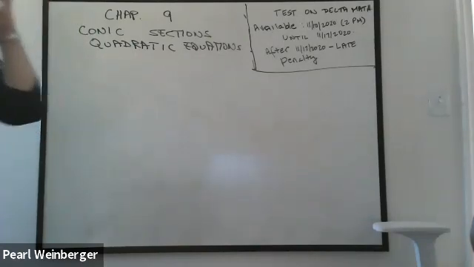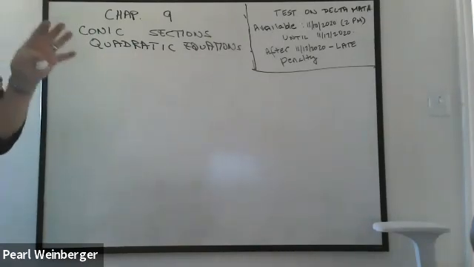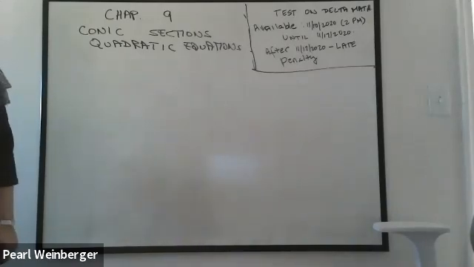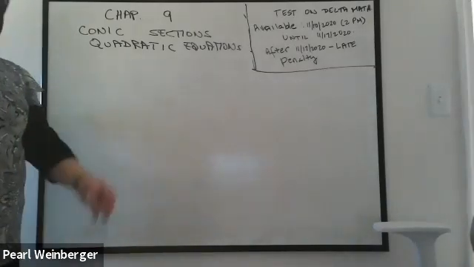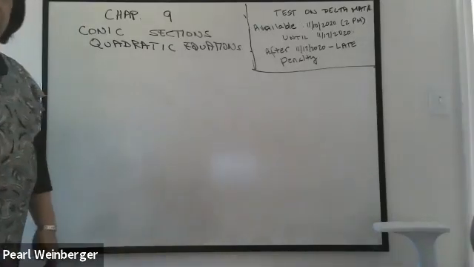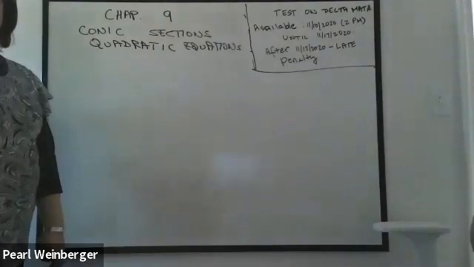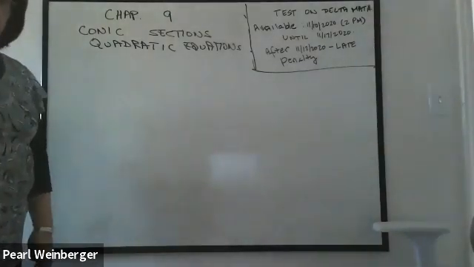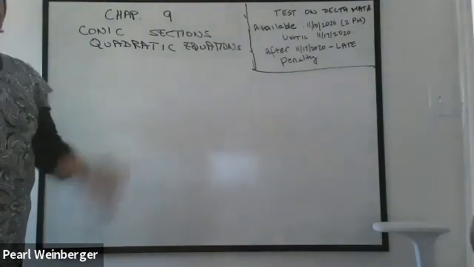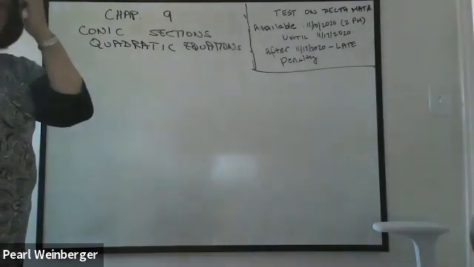For linear equations or first degree equations, equations that don't have any x squares in them, there's only one type of figure that we get. It's called a linear equation for the simple reason you get a line. Sometimes, most of the time, the lines are what we call slant lines, but sometimes we have lines that are horizontal or lines that are vertical, but we always get a line from a linear equation. That's why it's called a linear equation.